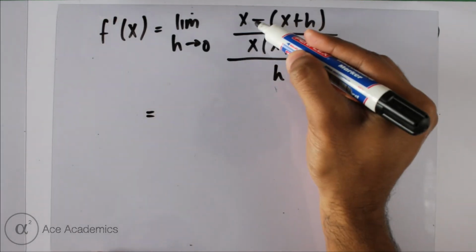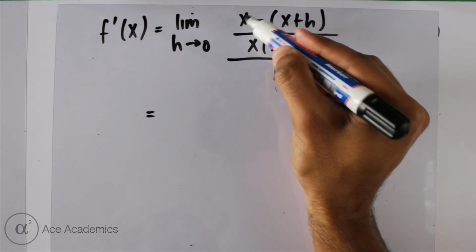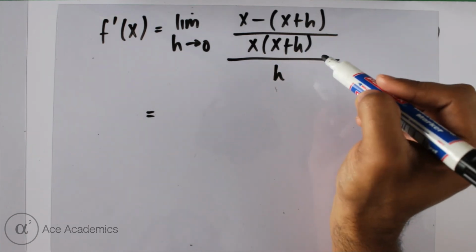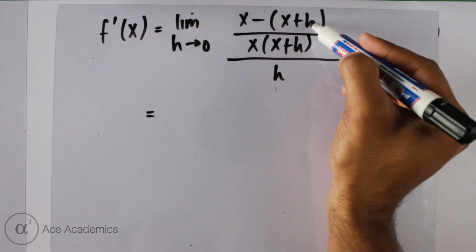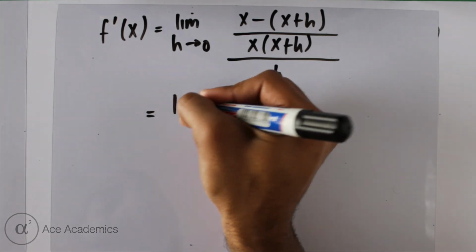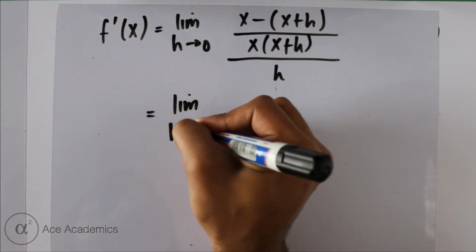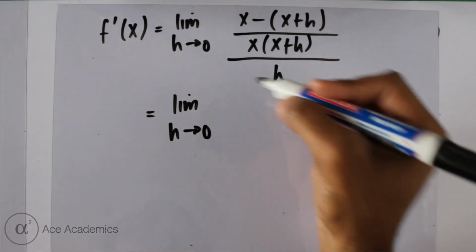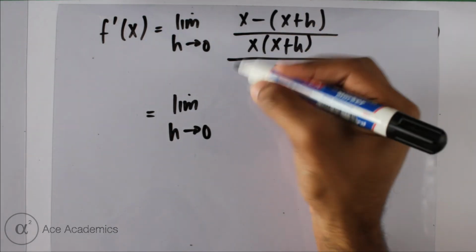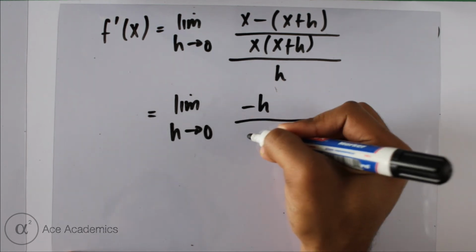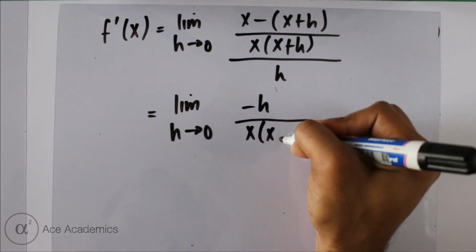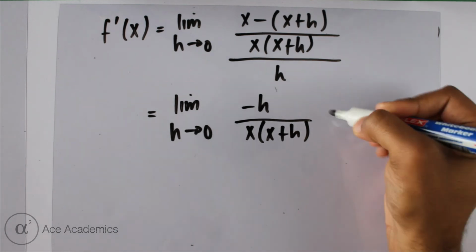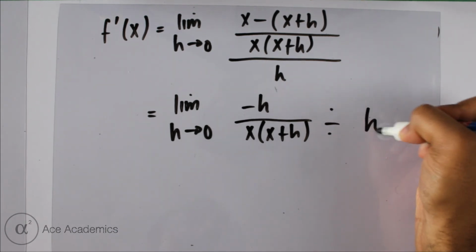Okay, now if we distribute this minus sign in, we'll see that it's going to be x minus x, which is 0. And then we're going to be left with minus h. So, I'm just going to write this step a little bit differently so that you can see what I'm going to do next. So, the numerator here becomes minus h all over x into x plus h divided by h.